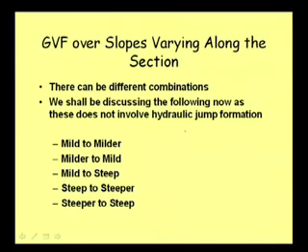And there can be different combinations of slopes in series. Say there can be a steep slope coming, and then that steep slope is changing to a mild slope. Say from the hill the slope is coming like this, it is a hill and then it is becoming flat. Okay.